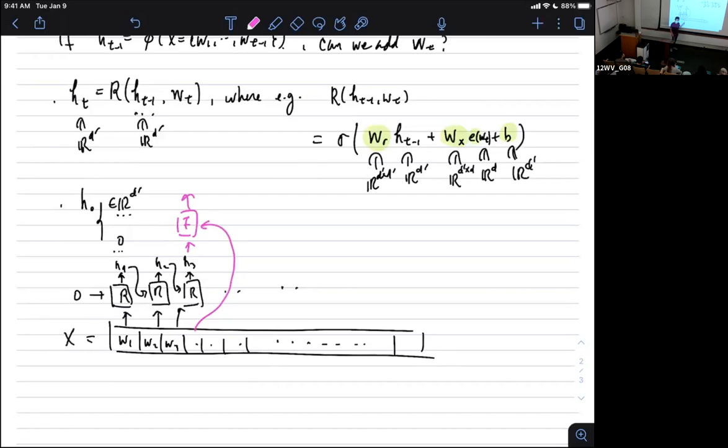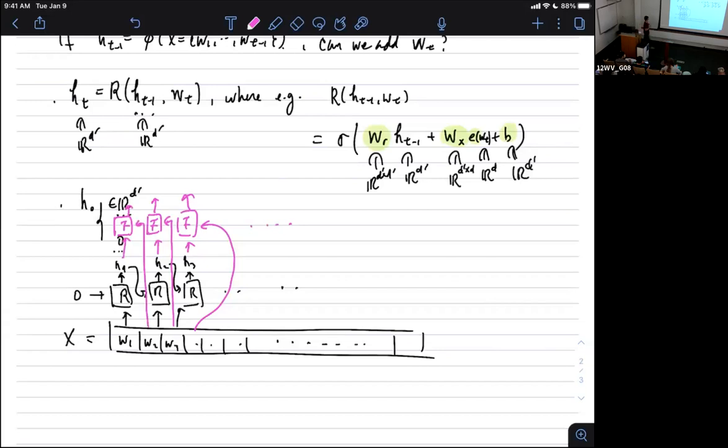This is the correct class in this text classifier. And we can use the same F again everywhere. So it takes H2 and the correct class, that is the W3, and the output score. Same thing with the first application as well. We can just do it over and over.